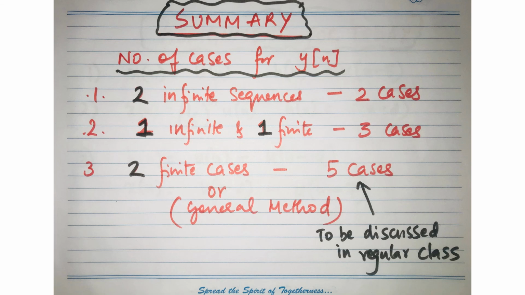Or you can also solve using the general method where you can compute the number of samples and the amplitudes by sketching x of n and h of n, and then you can solve it using graphical method.